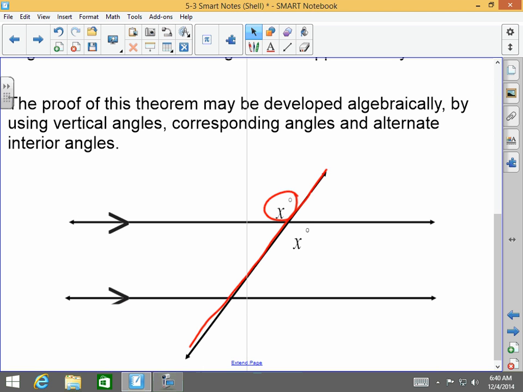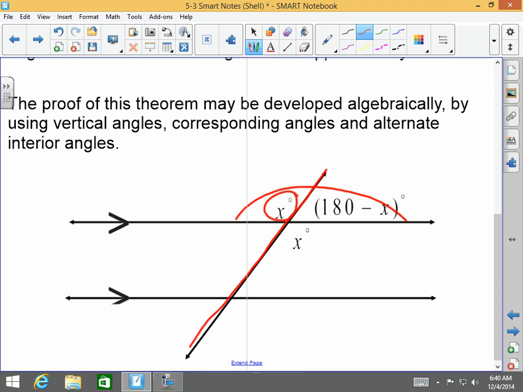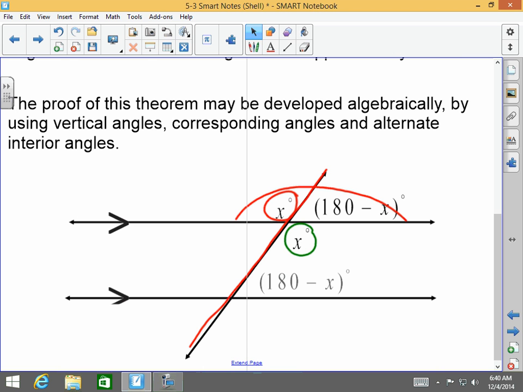By using the supplementary theorem, we know that the angle to the right of the original x is 180 minus x, because both of these angles are supplementary. Using same side interior angles, if this one is x, then this is 180 minus x.